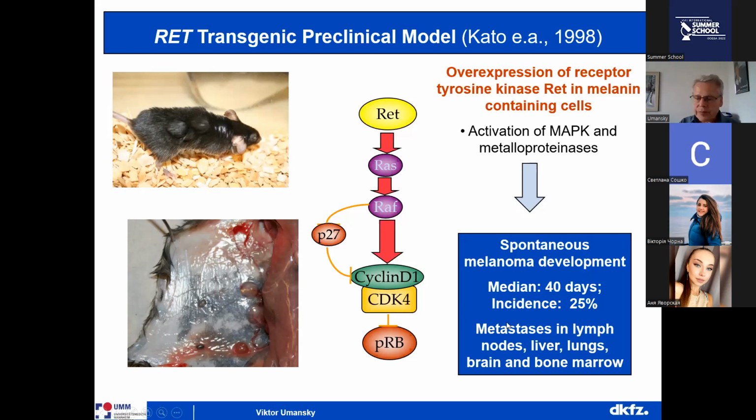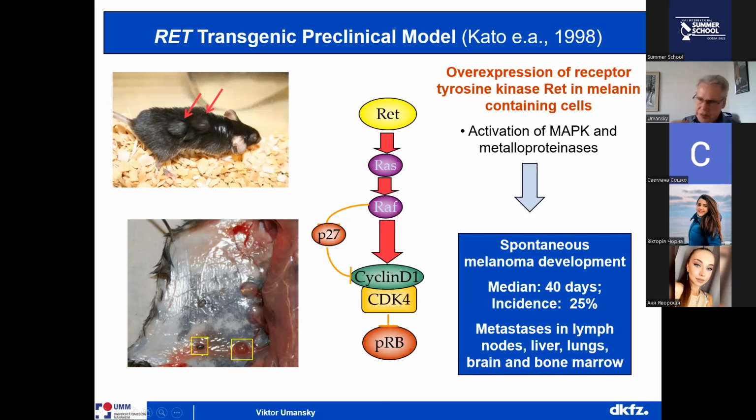This model also has metastasis in lymph nodes, visible metastasis. So I just try to show you, this is the primary tumor and this is lymph node metastasis. But they have also metastasis in liver, lungs, brain, and bone marrow.